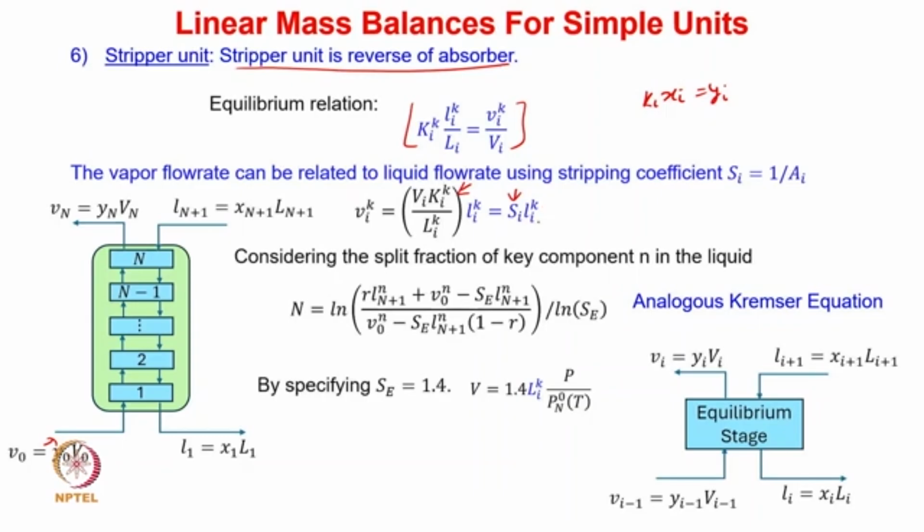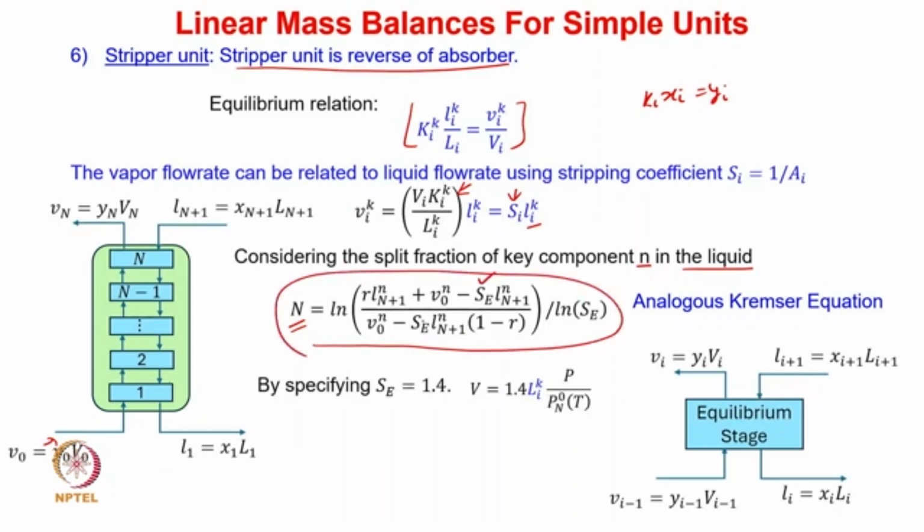Now you can see that in the absorption unit the liquid flow rate we have represented in terms of the vapor flow rate. In this case we are doing a reverse: the vapor flow rate we are representing in terms of the liquid flow rate. Now considering the split fractions of the key component n in the liquid, again similar to the Kremser equation which we obtained in the absorption unit, in the stripper unit also we get another Kremser equation in terms of the stripping factor.